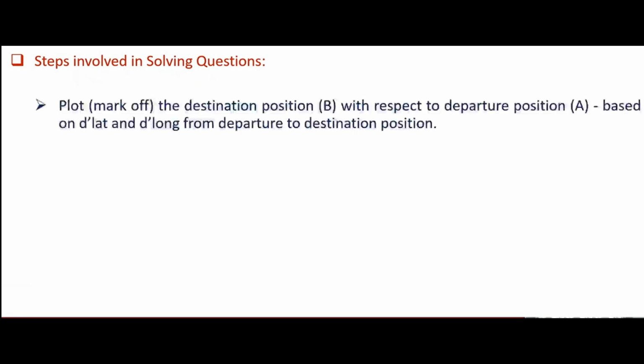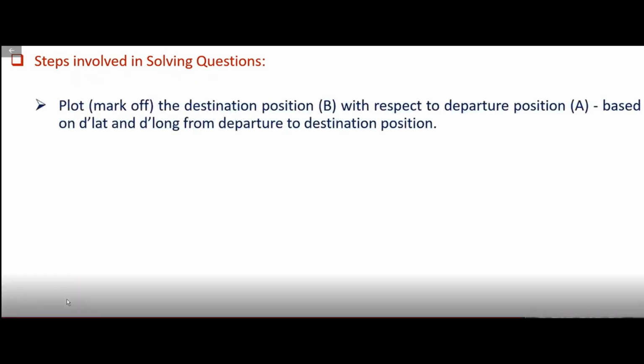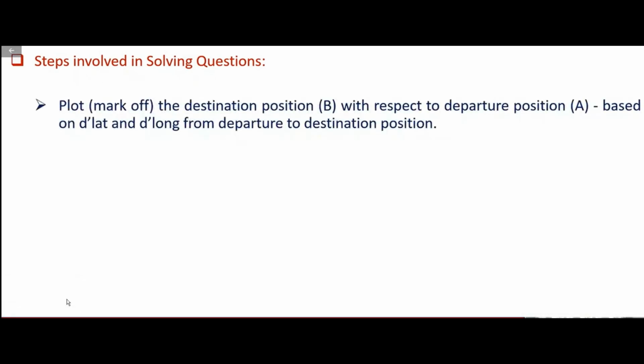Now, great circle questions can be easily handled if we follow certain definite steps like a drill. So the steps involved in solving the great circle sailing questions are. Okay, so beta, the spherical trigonometry concepts are covered now. Just to give you a recap, the first important concept was of great circle.